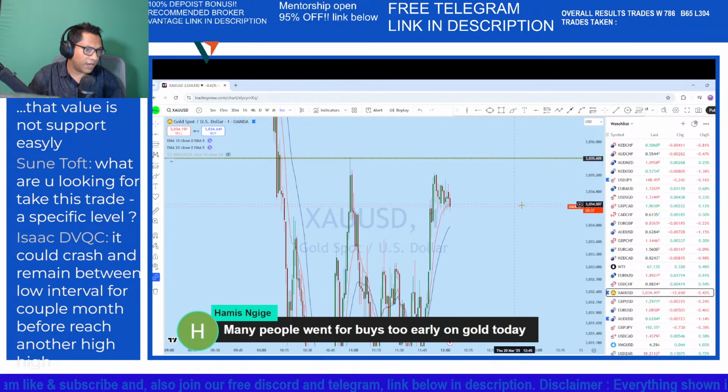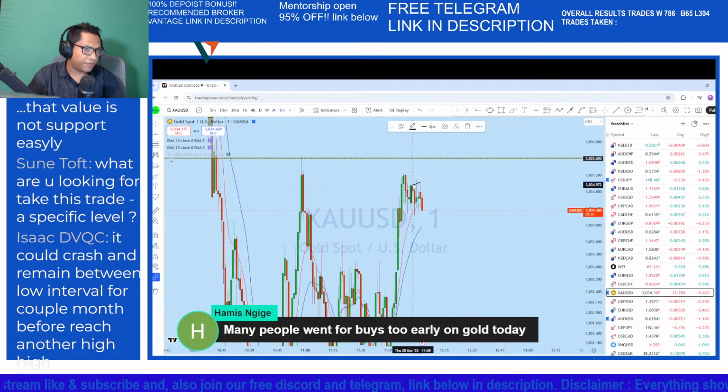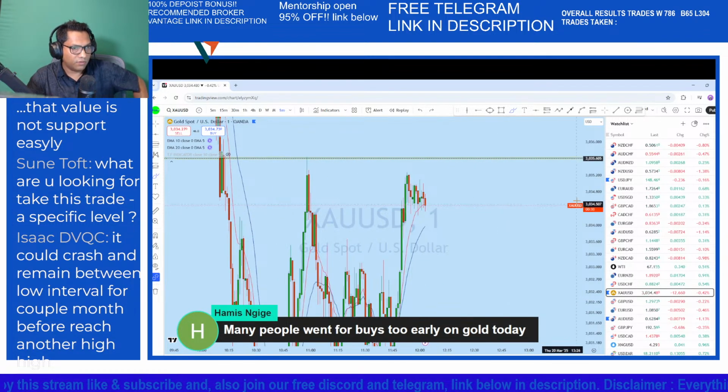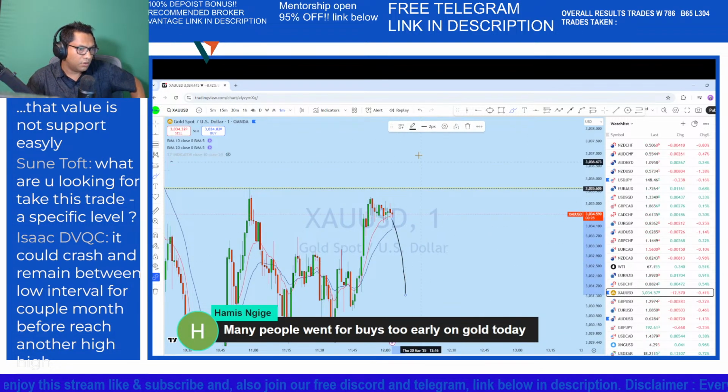There is a narrow red candle here, and after this long wick candle we expect the market to come back to the support level to create a new lower low.